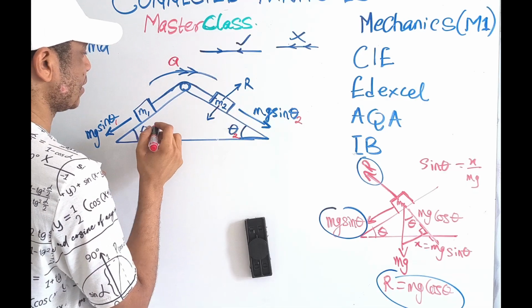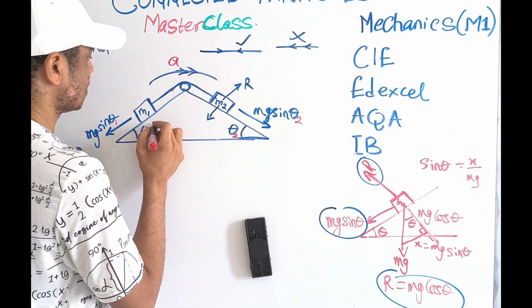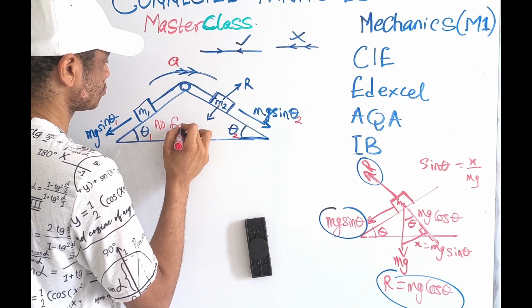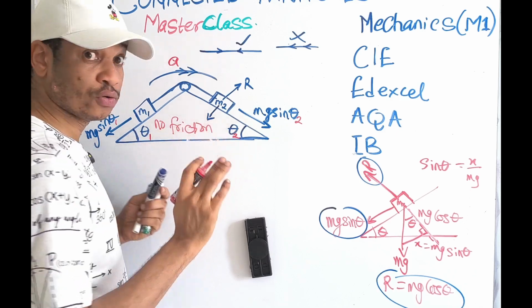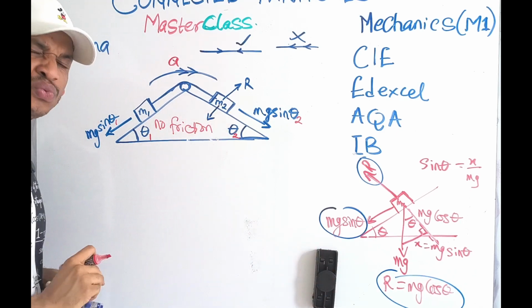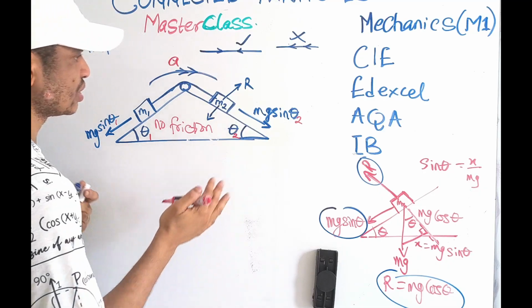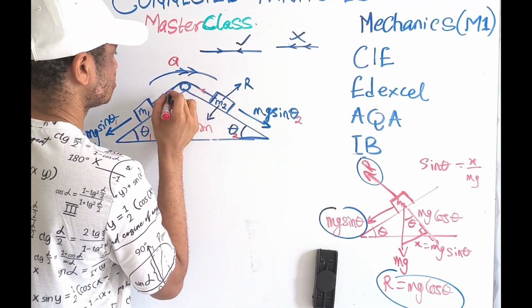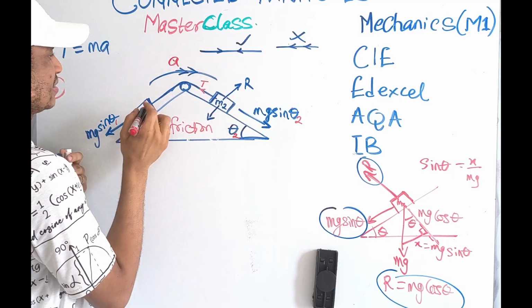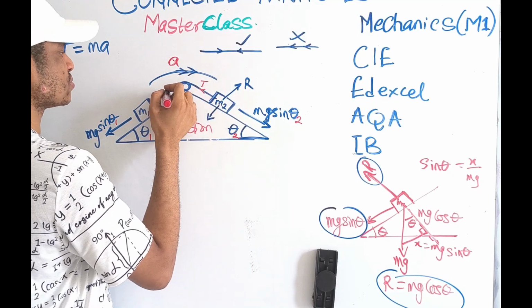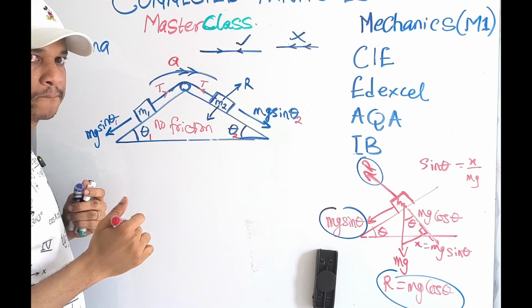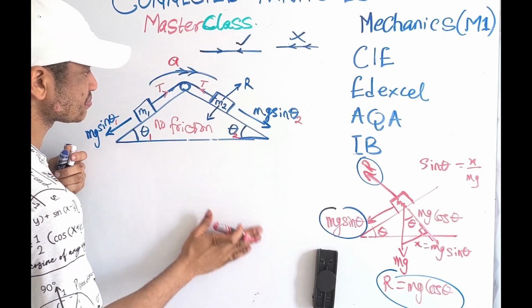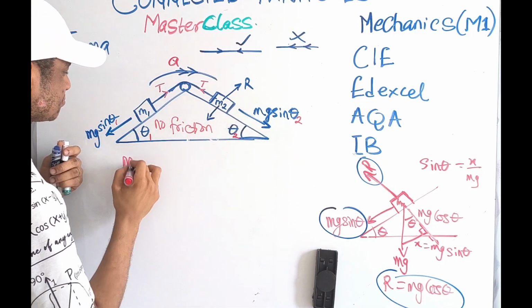Let's assume here there is no friction. No friction, okay? Next video will be with friction. Now remember, this is tension. Again, remember, it must oppose this. This is tension. So this will be mg.